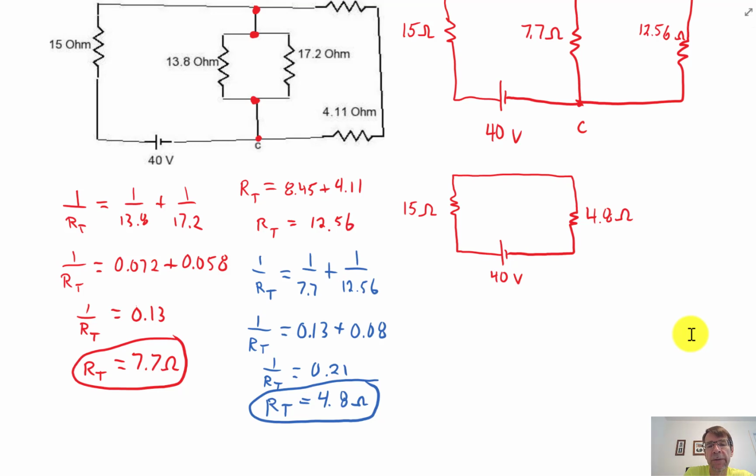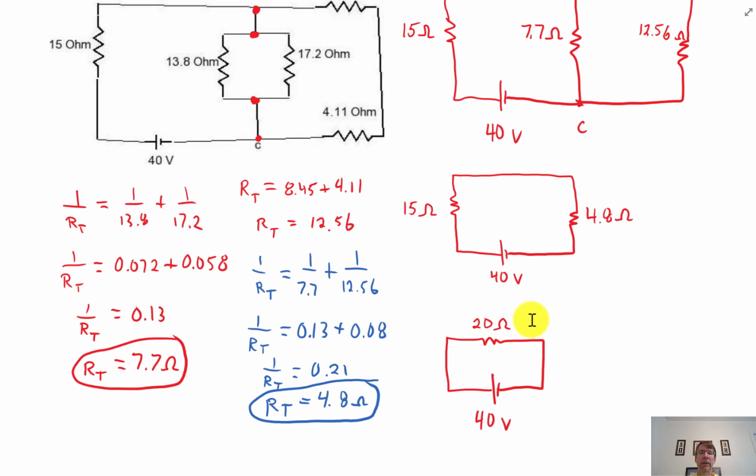The final simplified circuit is just, here's the final diagram. 40 volts. Technically, 15 plus 4.8 is 19.8. So I took 19.8 and rounded it off to 20 ohms to help us move along here a little bit.